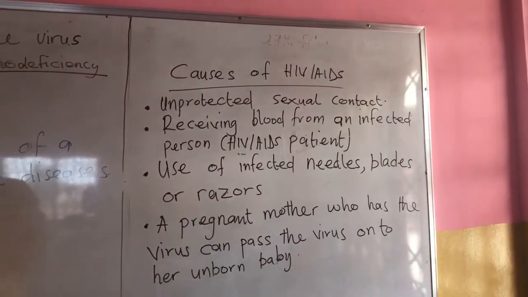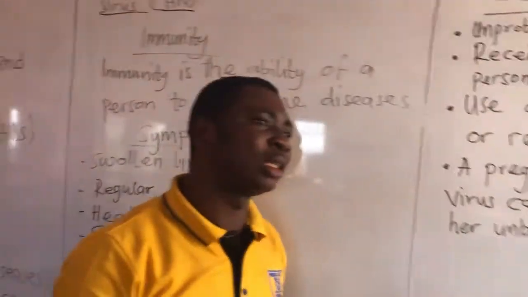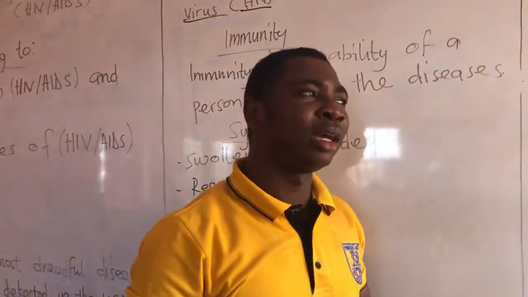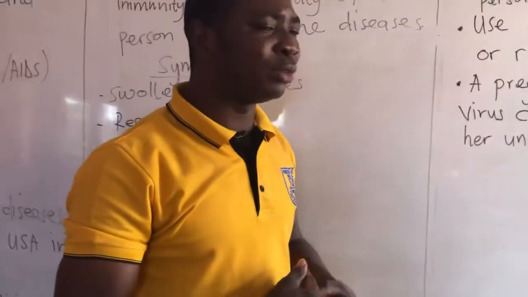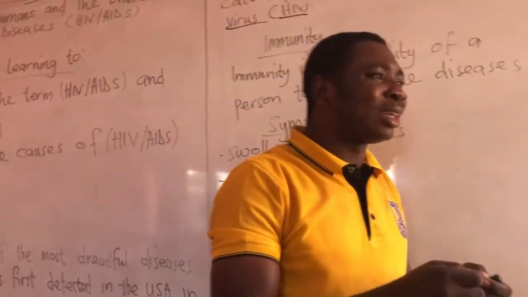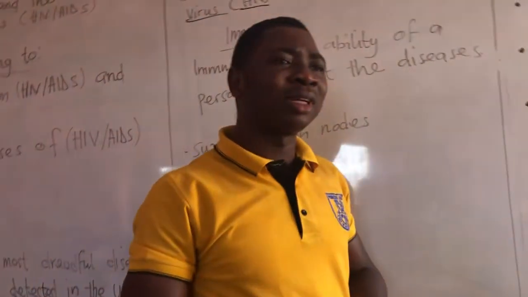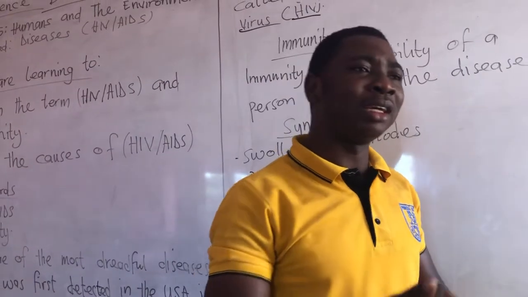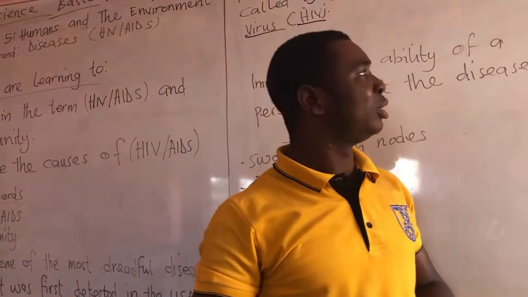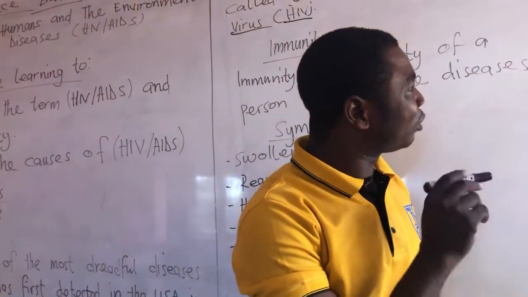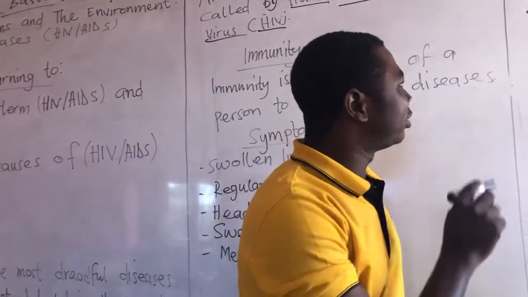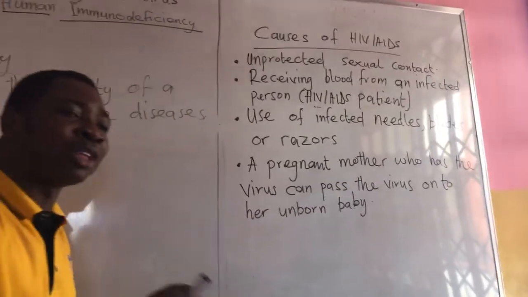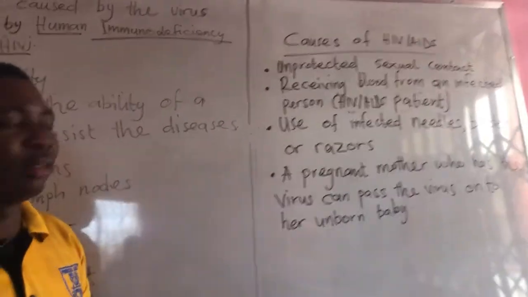When maybe we have lost blood and we go to the hospital and we want to receive blood, if the blood we are about to receive has the virus, then it's very easy that we may also get the disease. So receiving blood from an infected person, or in brackets the HIV patient, you may get the disease.